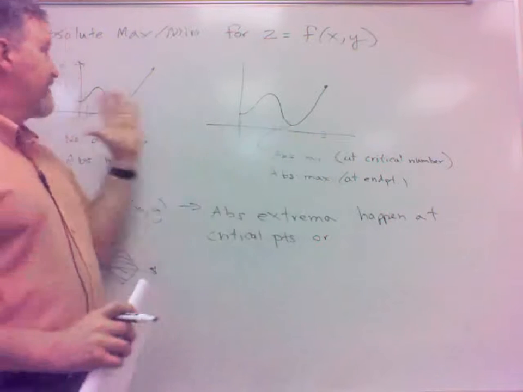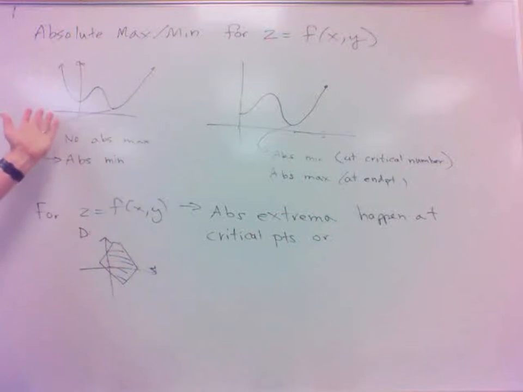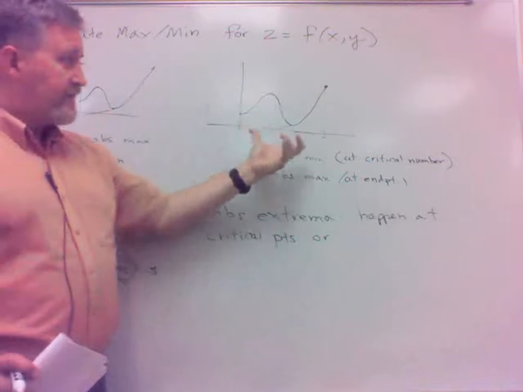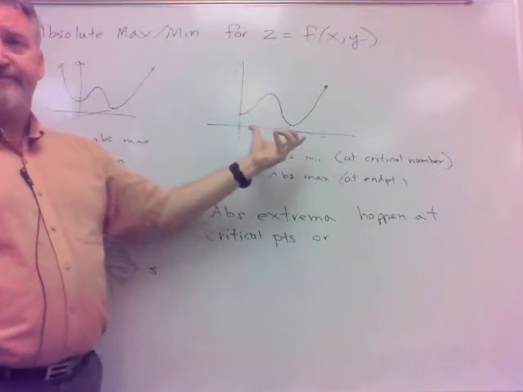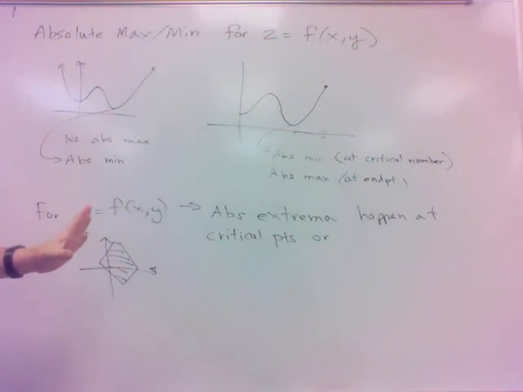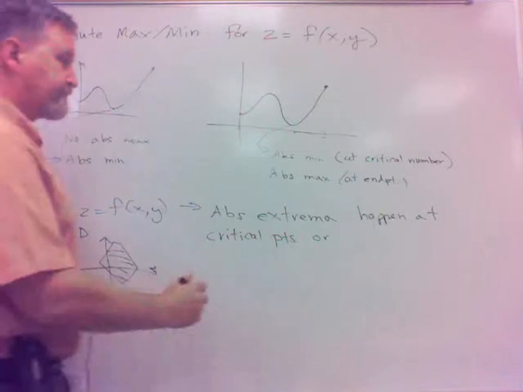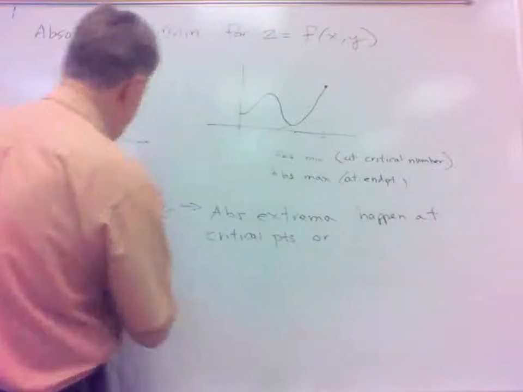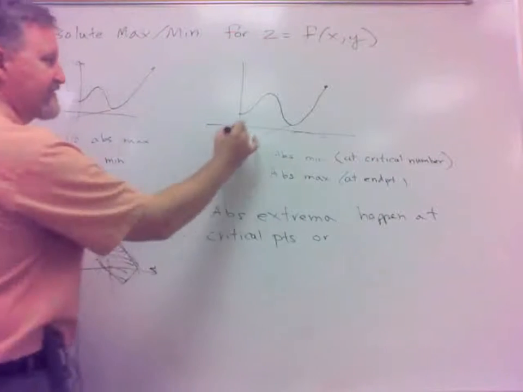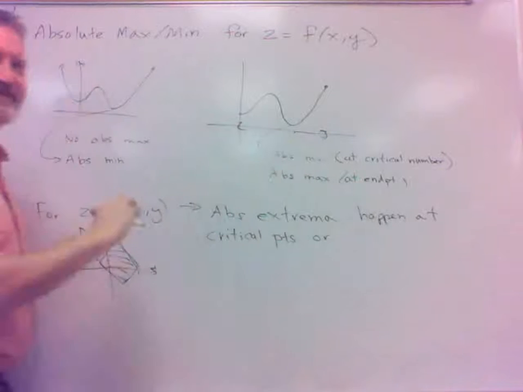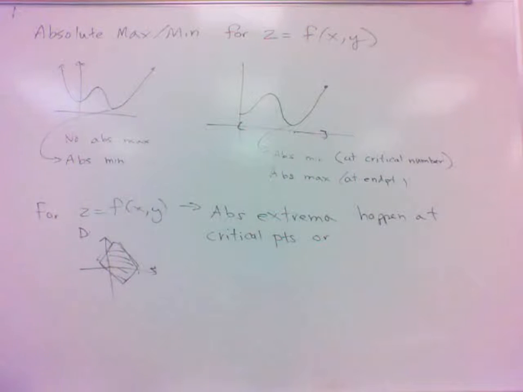In this case, if it was negative infinity to positive infinity, that was one thing, but we specified here a domain, if you will. So if we specify a region, we need to look at the boundaries, because that's kind of what we call endpoints, but here we have to phrase it more as boundaries.